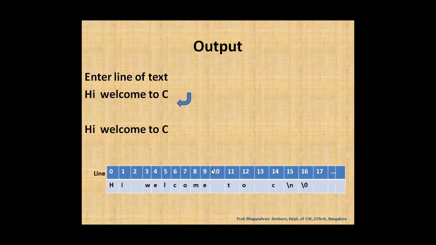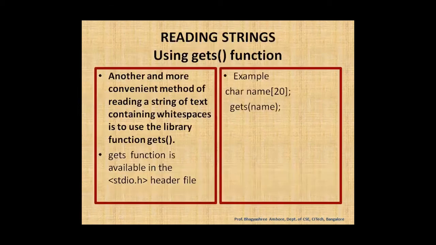Like this it goes on taking the values. When it finds this new line, that is the enter key, it reads that also and assigns it to line of i, and then it checks the condition. The condition fails, it comes out, marks the end of the string, and it prints Hi, welcome to C. You just trace this once, definitely you'll understand.